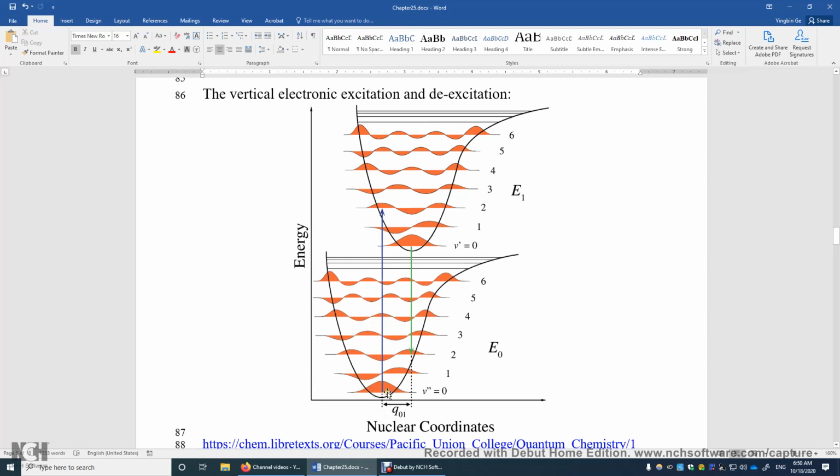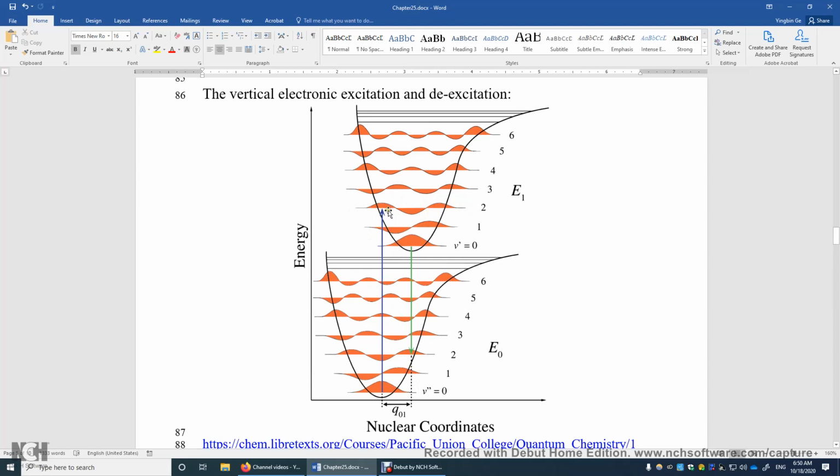So you can see a peak here and a peak here. That's why this vibrational quantum number changes from 0 to 2 during this vertical excitation. So that means after the molecule is excited into the first excited electronic state, its vibrational energy level changes from 0 to 2.